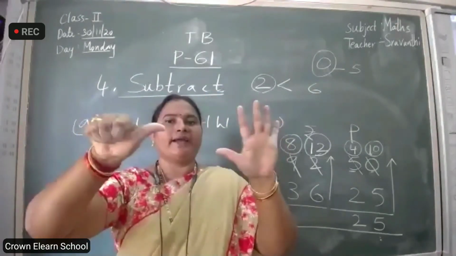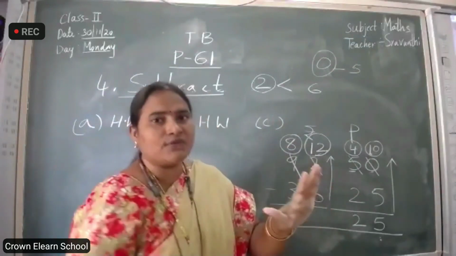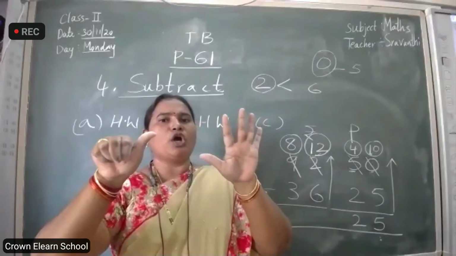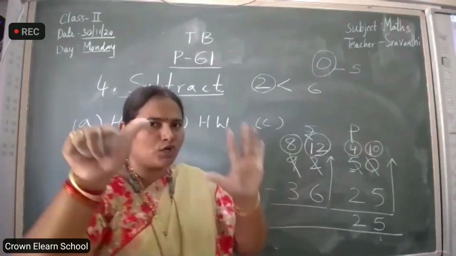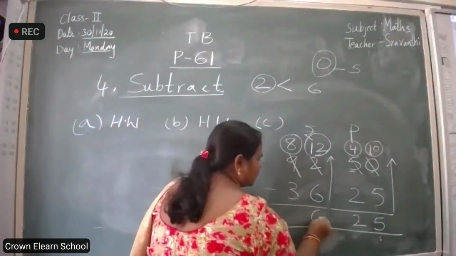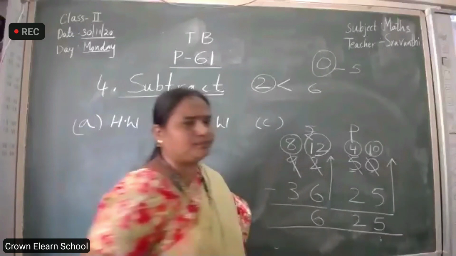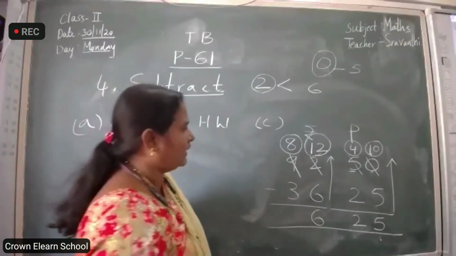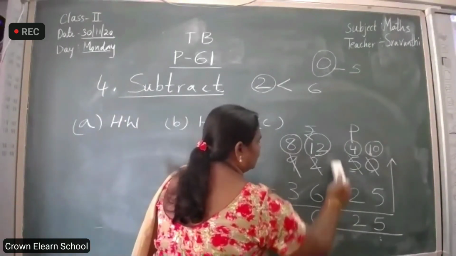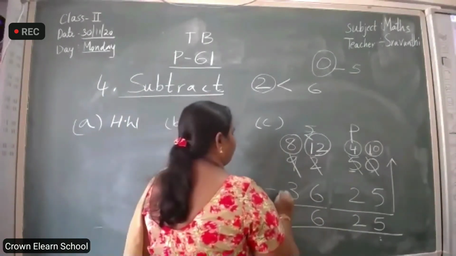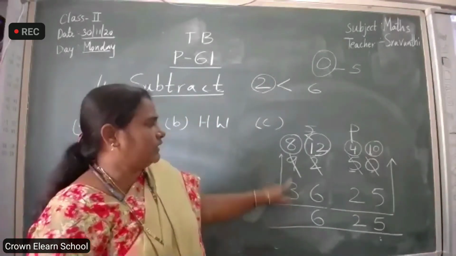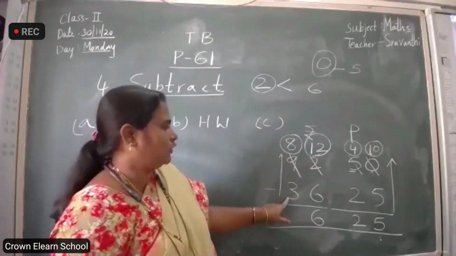Have you counted? Look at your fingers. What did you get? Which number you got? 6 only, no? 6. In the same way, let us subtract here only. 3 after till you get 8.